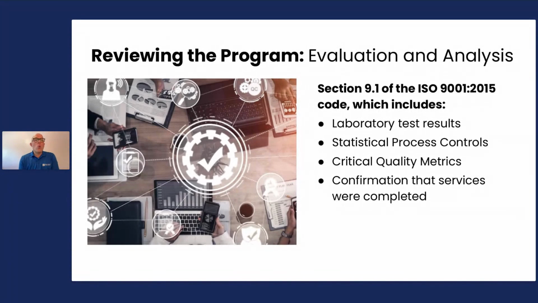Okay, so starting with evaluation and analysis. So the first part of reviewing the program, and again, I just want to remind everyone, we're talking about frontline reviews here. So this is folks in operation performing evaluation and analysis as we go.